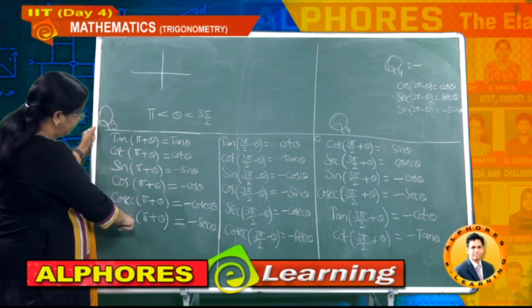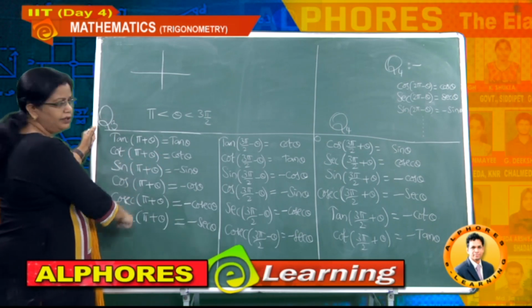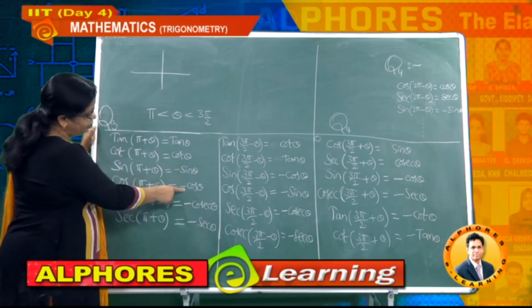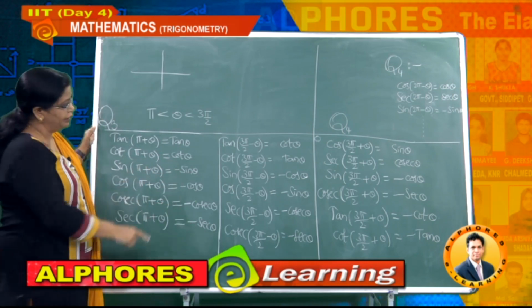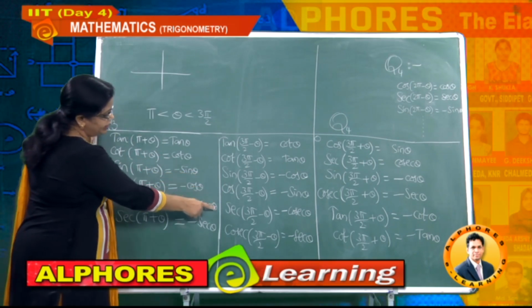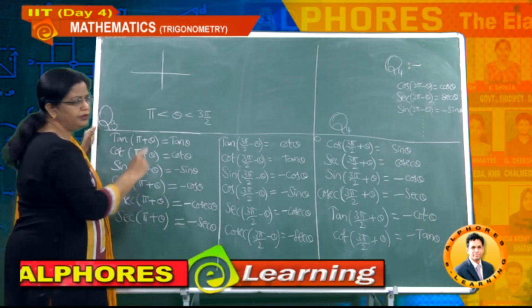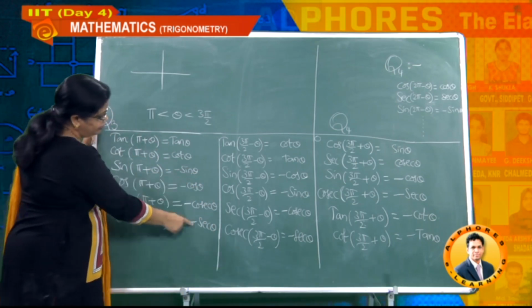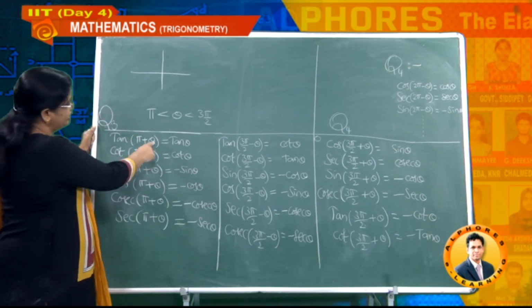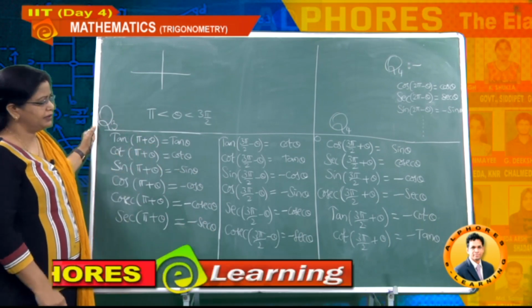Whereas the other 4 functions take negative values. Again, theta is taken as an acute angle. So these 4 give a negative answer, whereas these 2 give positive answers.